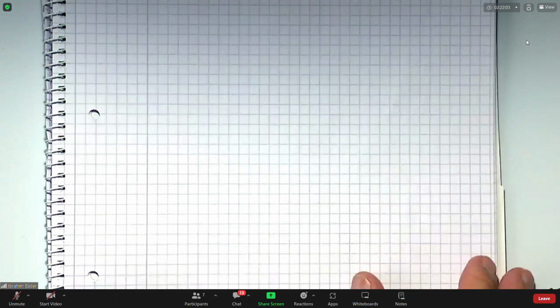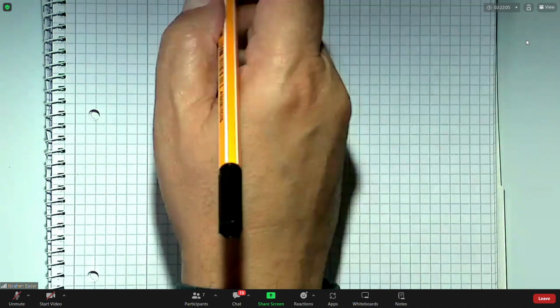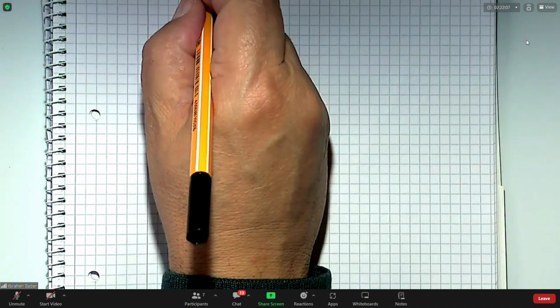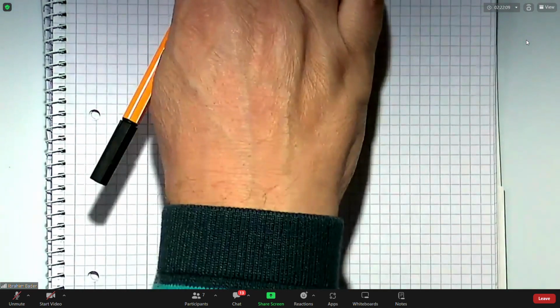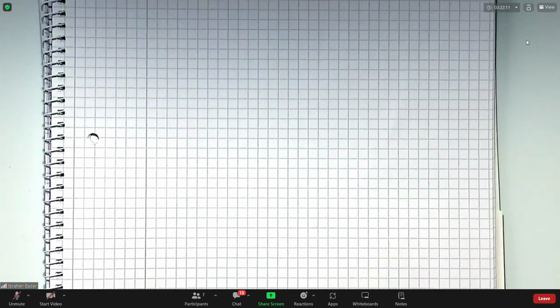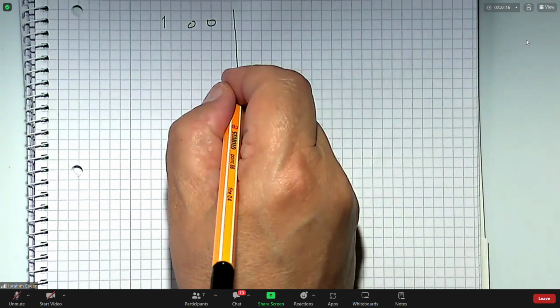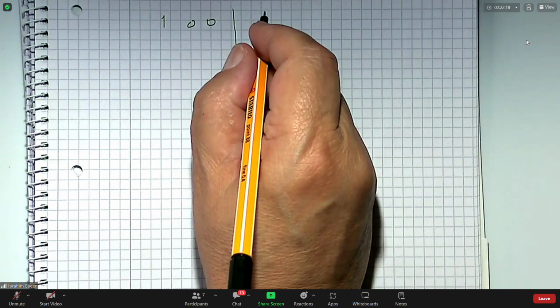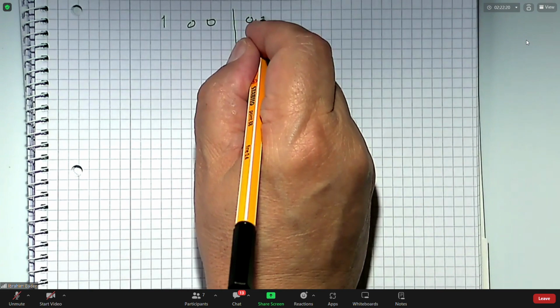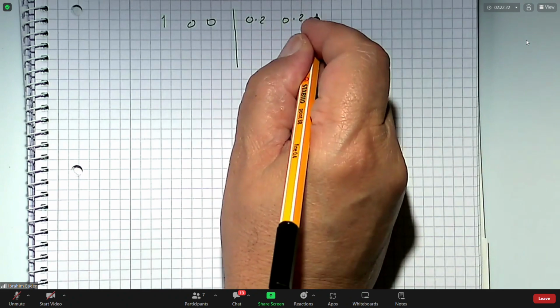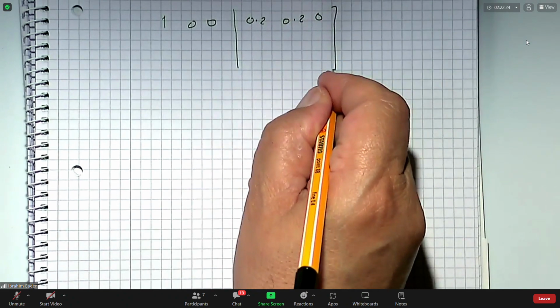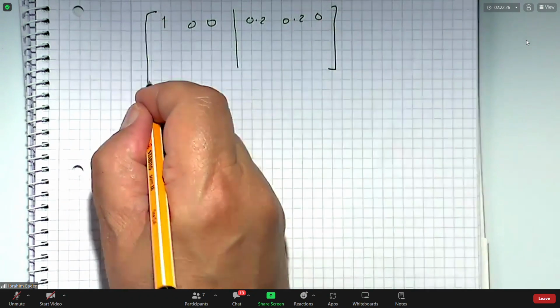Okay, so what I will be getting is, okay, so 1 0 0, just push it down a little bit. So 1 0 0, then I have here 0 0.2, 0.2 and 0. And then here I have the second line.